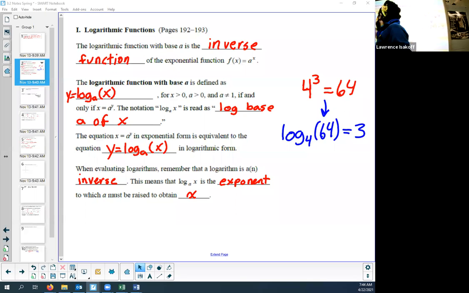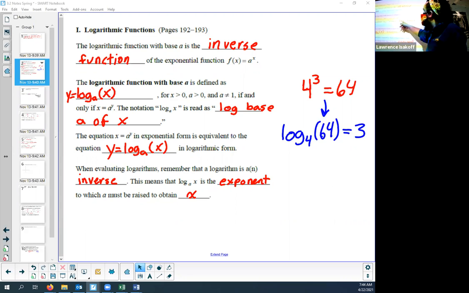So if x is equal to a to the y, then log base a of x equals y. We will read that as log base a.